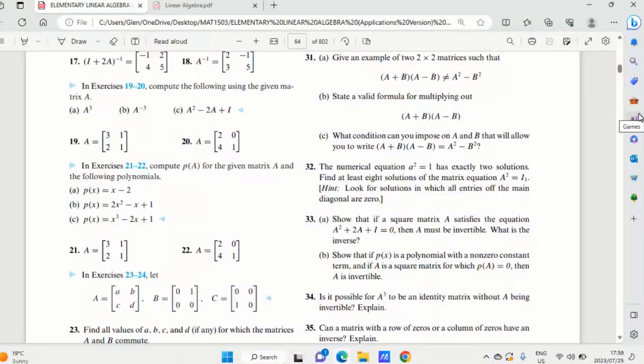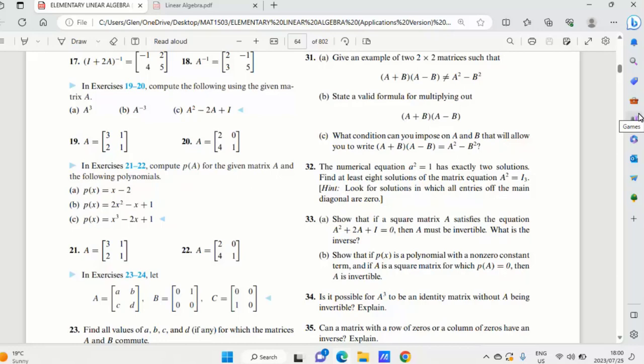I have to multiply that 2 throughout, which I got positive 4, 0, positive 8, and positive 2. And then for 1, I substituted identity. My identity is 1, 0, 0, and 1.